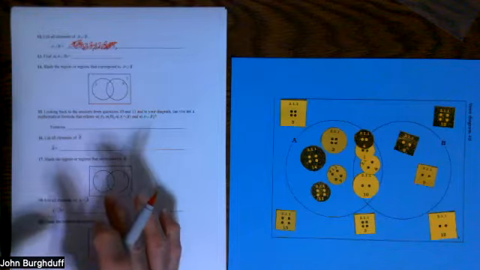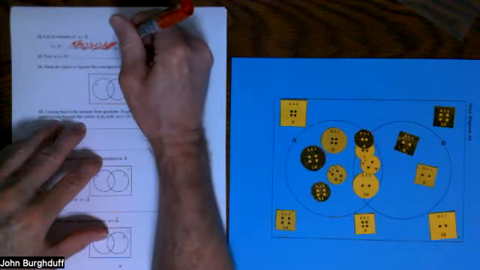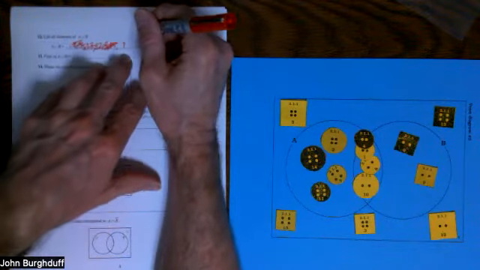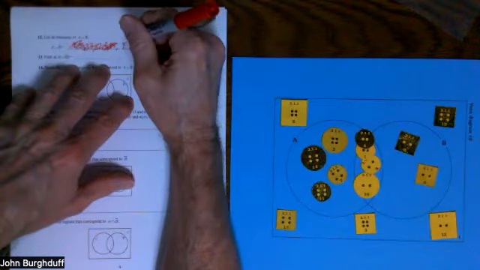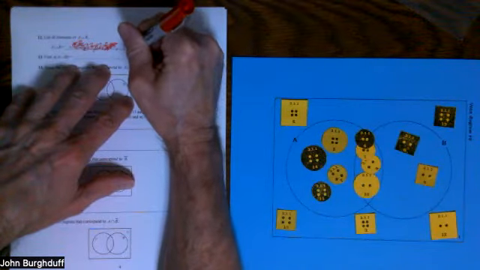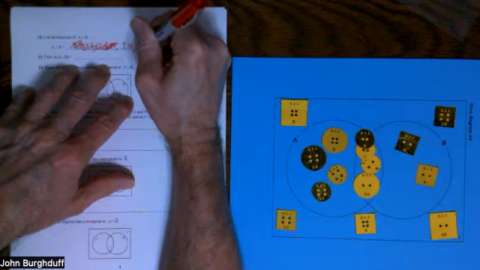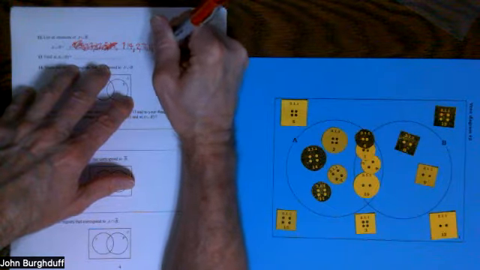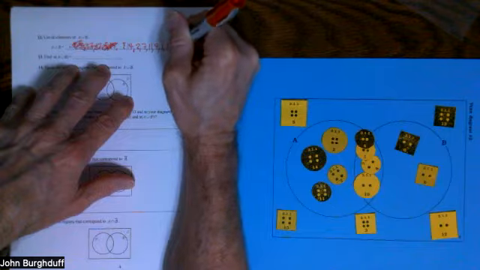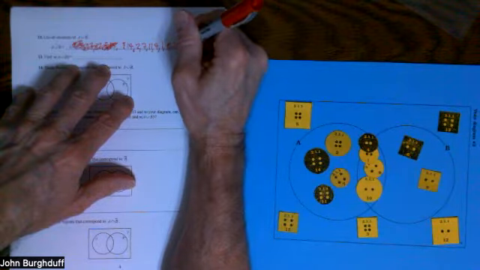They are not in either A or B or both. It's everyone but those. Sorry about that. It's the elements that are either in A or in B or in both. And that would be 14, 2, 7, 11, 4, 1, 8, 10, 6, and 9.